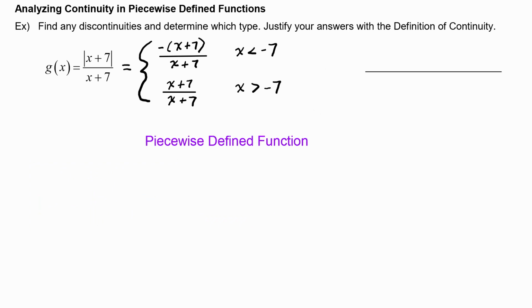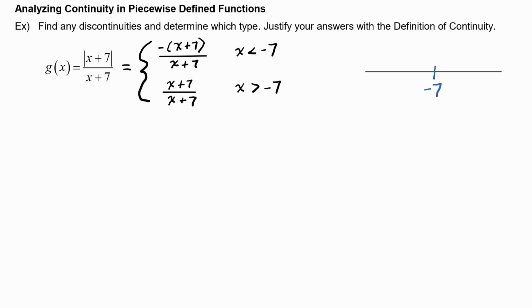Now we've taken g of x and written it as a piecewise defined function. Something very handy to do when you have a piecewise defined function is to write the pieces of the function on a number line. We see that this function changes at x equals negative 7, so let's put negative 7 on our number line.